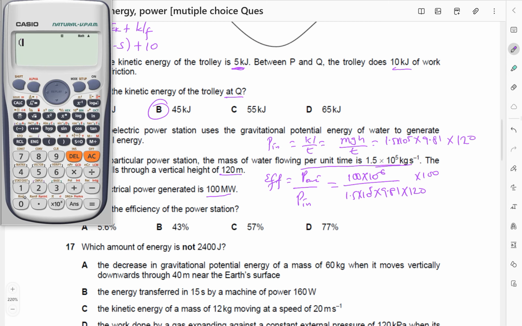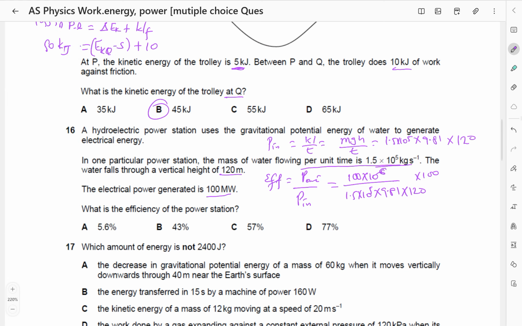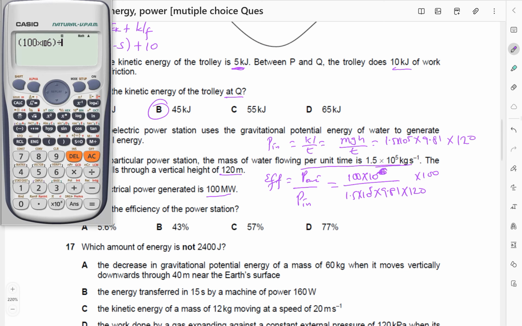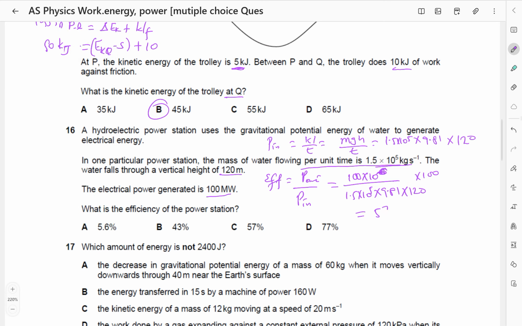So that gives us 56.6, which is 57%. So this is 57% because I multiplied by 100 to change to percentage. So the answer is C.